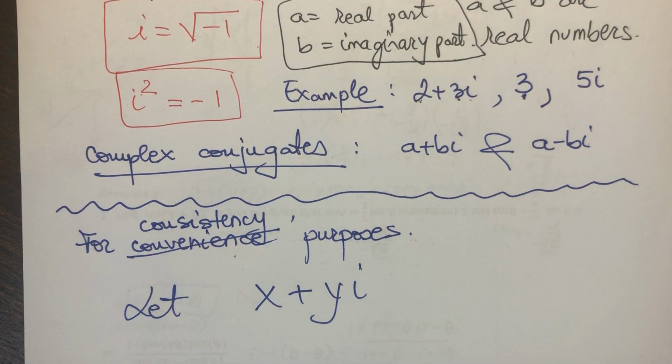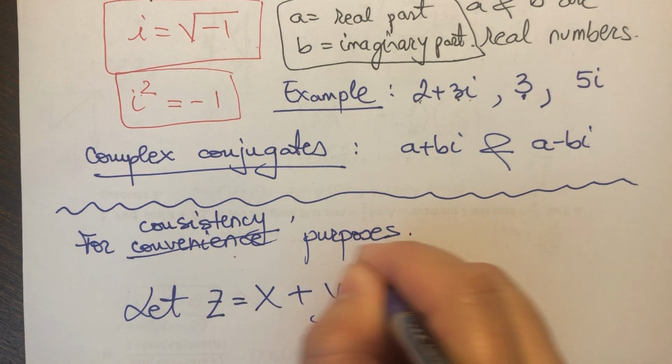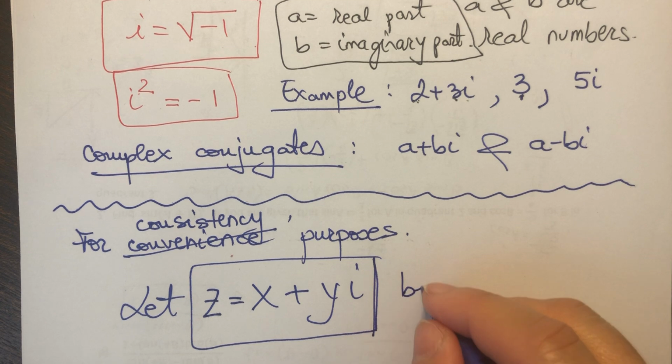So it's still the same, except we're just using different variables, again to make it more consistent with the x and the y that we talked about in the last chapter. The other thing is complex numbers are usually labeled by a z. So let z be a complex number.